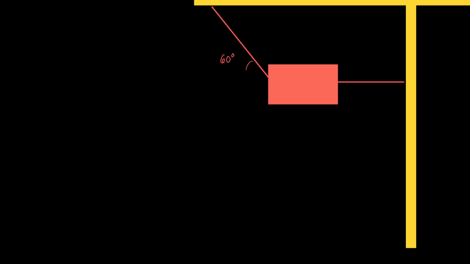So imagine a storefront or something and a sign, and there is a cable holding this part of the sign that is perfectly horizontal, and a cable holding this part of the sign that makes an angle of, let's go with 60 degrees with the horizontal.